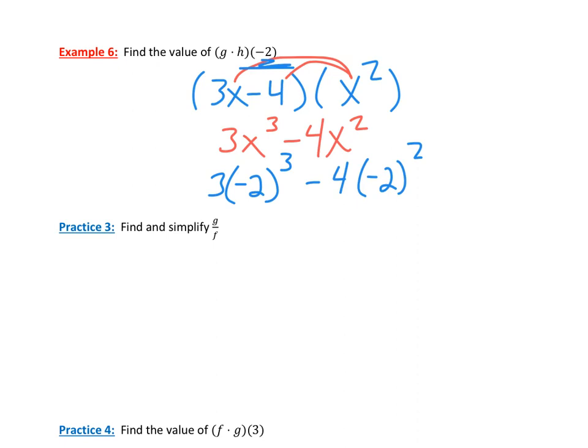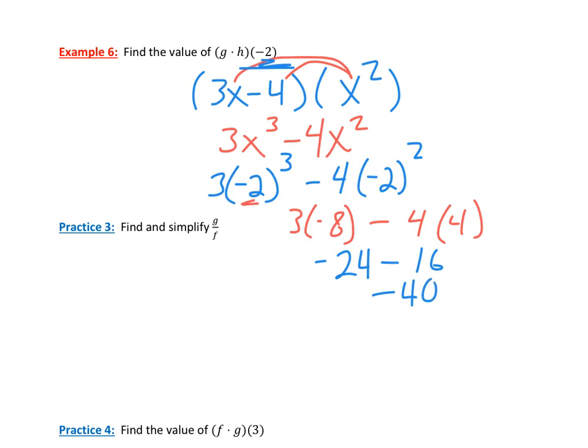If I simplify this, negative 2 to the third is negative 8. So 3 times negative 8 minus 4 times negative 2 squared is 4. 3 times negative 8 is negative 24. Minus 4 times 4 is 16. So negative 40 overall. And that is all for today's notes.